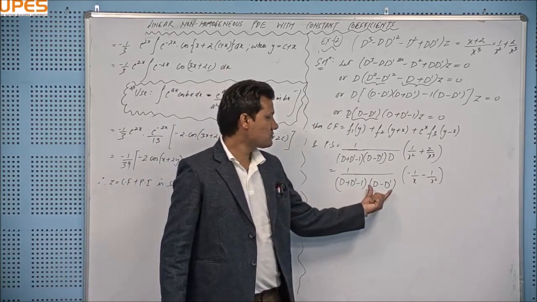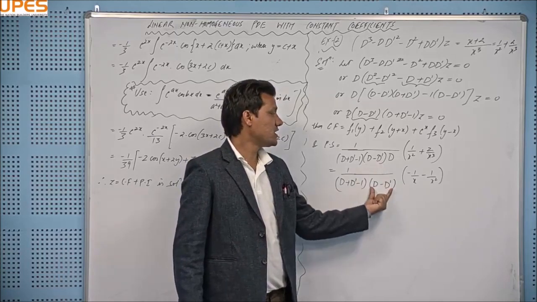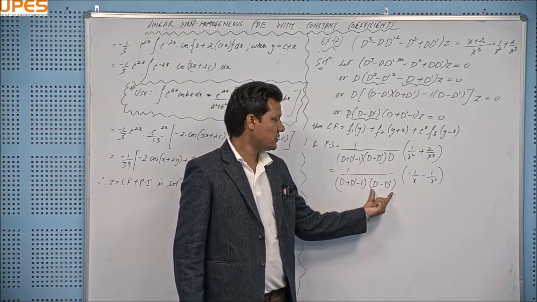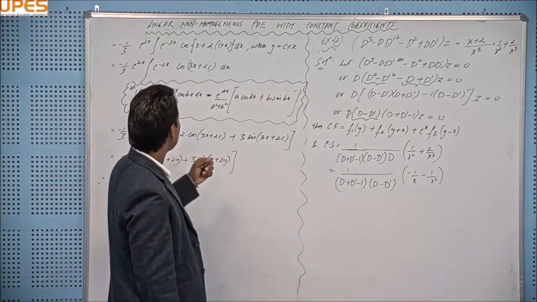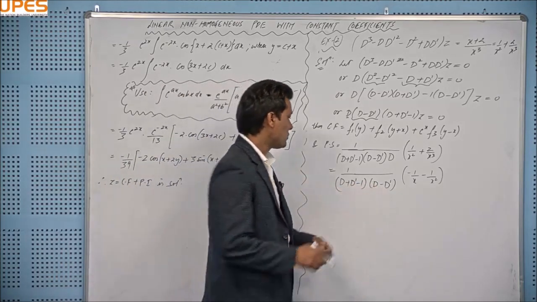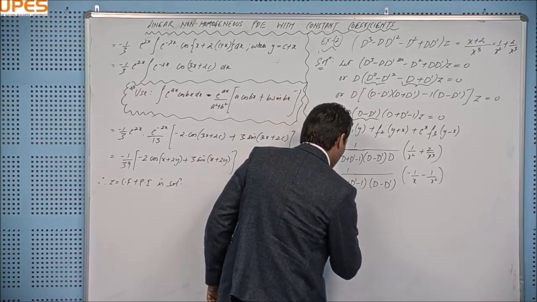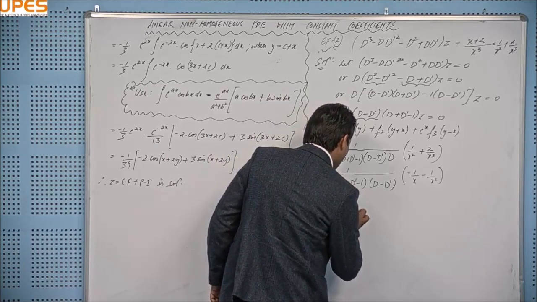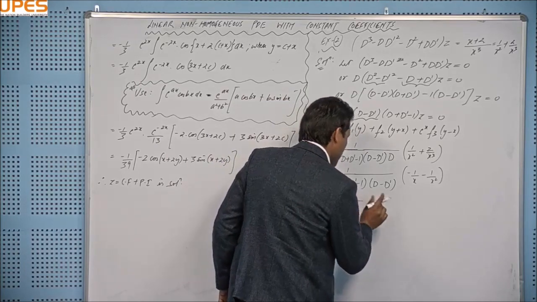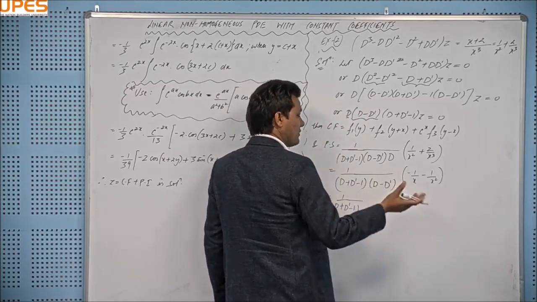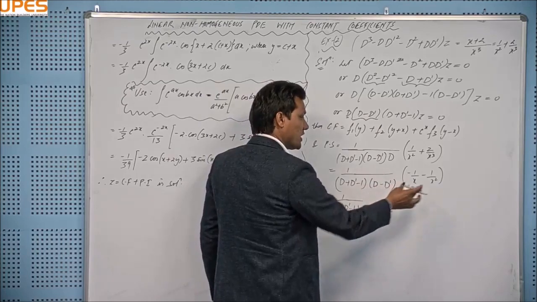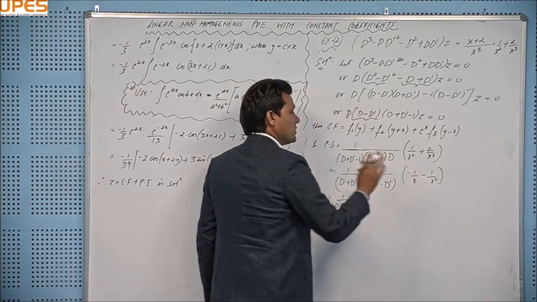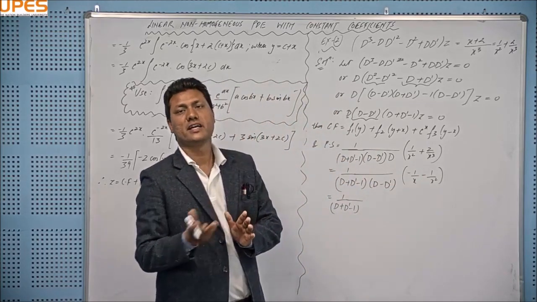Now here comes the operator 1 over D minus D dash, and this is a homogeneous factor, and you can apply this formula also. Here alpha is equal to 0, I will write it as 1 over D plus D dash minus 1, and see D minus mD dash minus alpha, alpha is 0, so e to the power 0x, that will be 1, integration of e to the power minus 0x, again that is 1, and this function g(x, c minus mx).